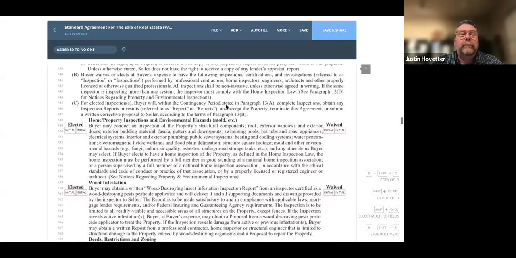Now, for elected inspections, the buyer will, within the contingency period stated in 13A, complete the inspections, obtain the inspection reports and accept the property, terminate the agreement, or submit a corrective proposal to the seller. How many times have we talked to an agent or been the agent?